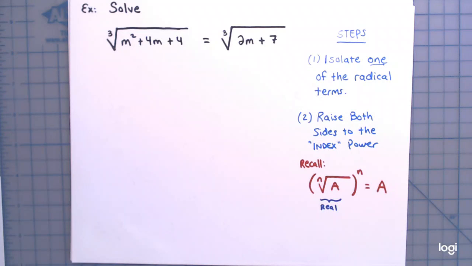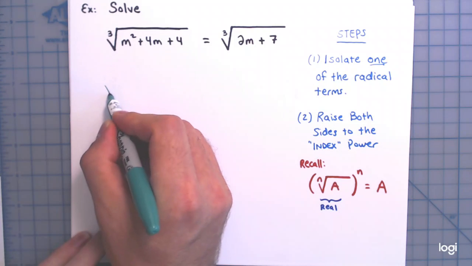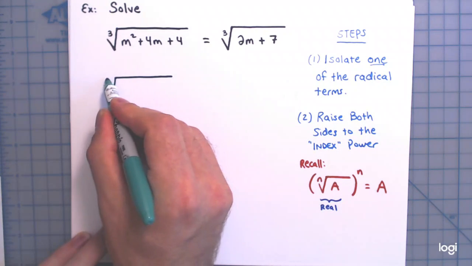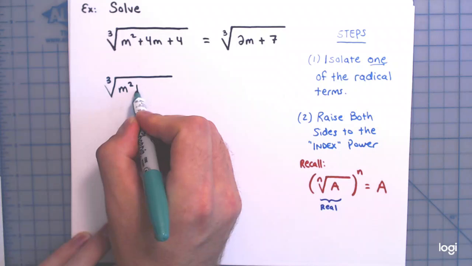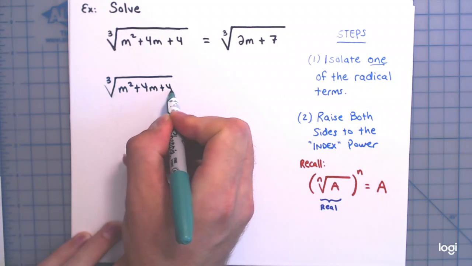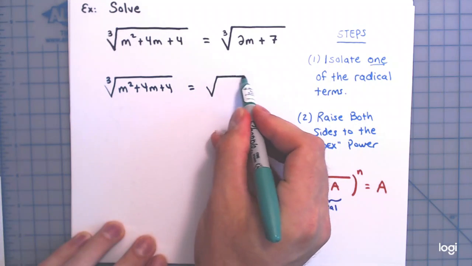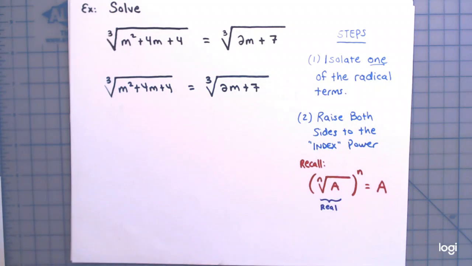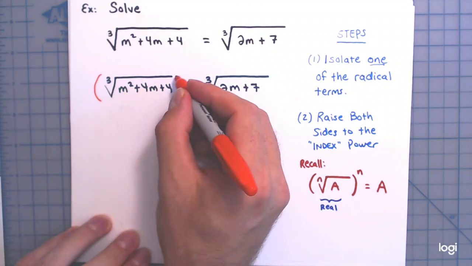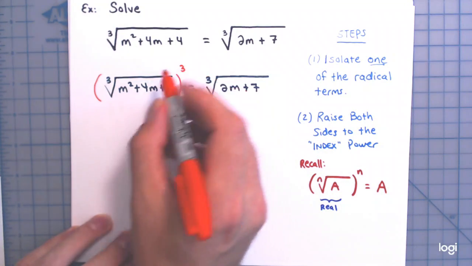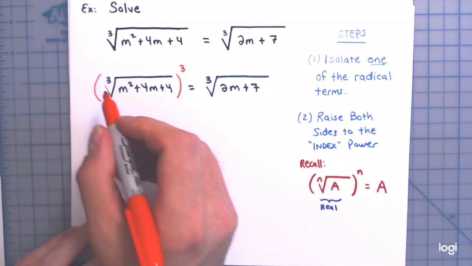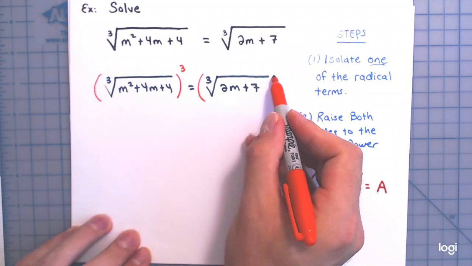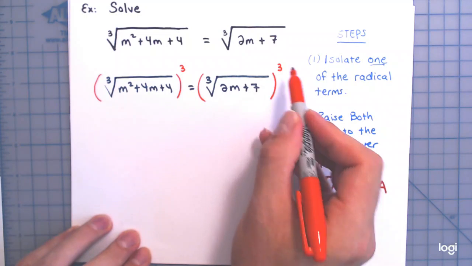Let me do that to this equation. Now, I don't like to mess with the original equation, so I'm going to leave the original equation the way it is and write it again, and do step 2 here. Raising both sides, this entire side here, to the third power, the index of that radical that's alone. Same thing, raise this entire side to the third power.